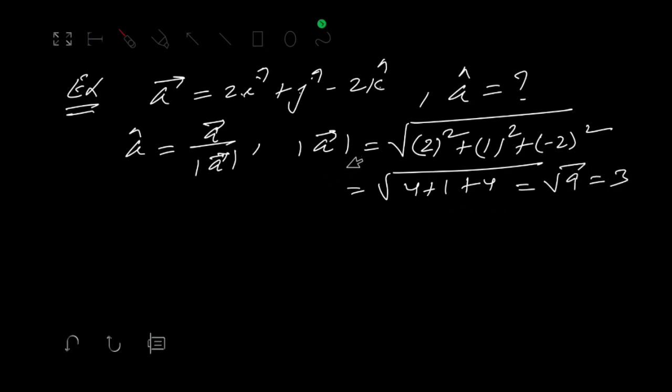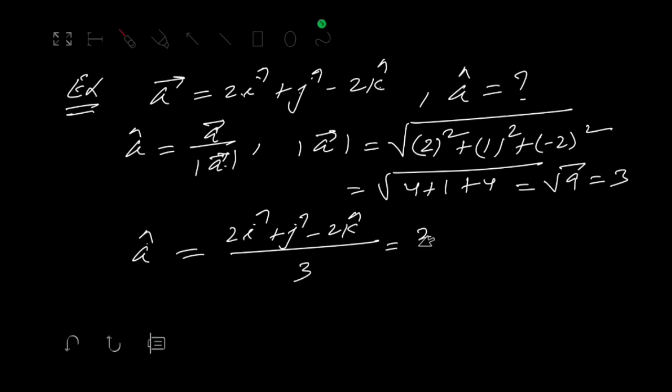So 3 is the magnitude of this vector, and if we divide this vector by its magnitude, it turns out to be a unit vector along itself. So A cap is equal to 2 i cap plus j cap plus minus 2 k cap divided by magnitude of A, that is 3.